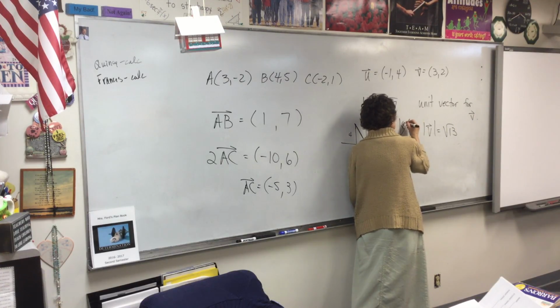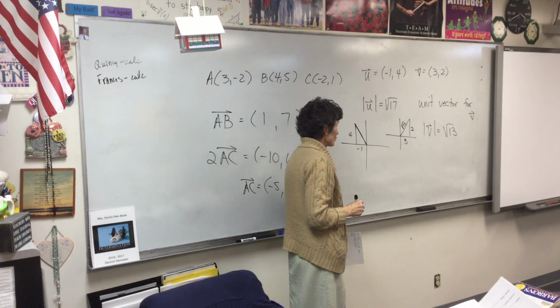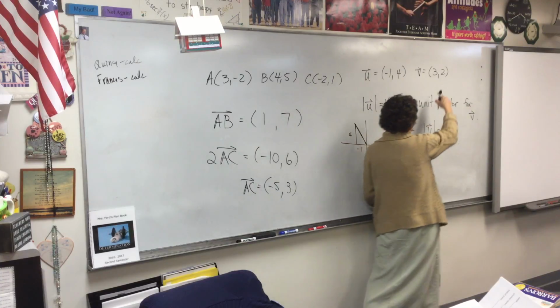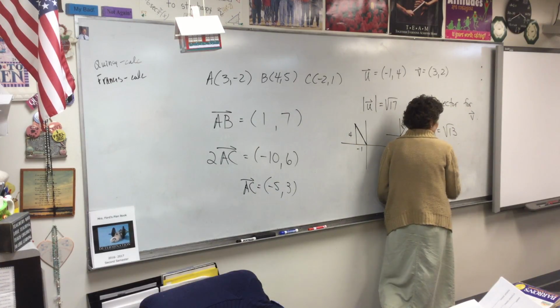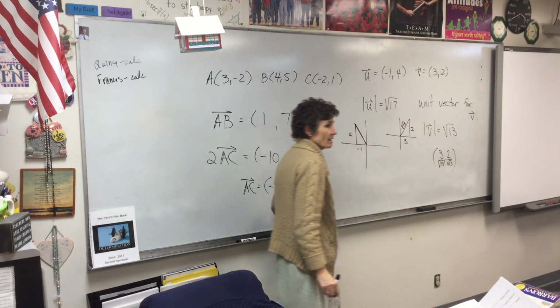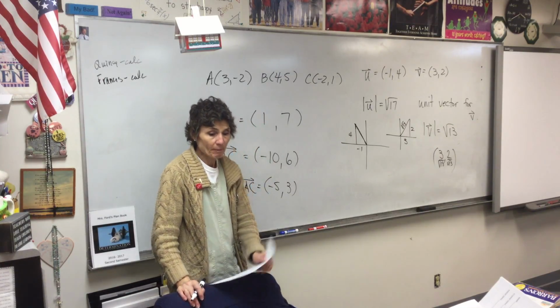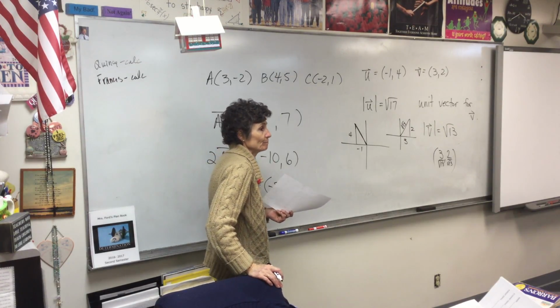Over 3, up 2. See where we got root 13? Now, to make it a unit vector, like Austin said, we're going to take these two numbers and put them over root 13. There's your answer. How do you make something a unit vector? You divide it by its magnitude.